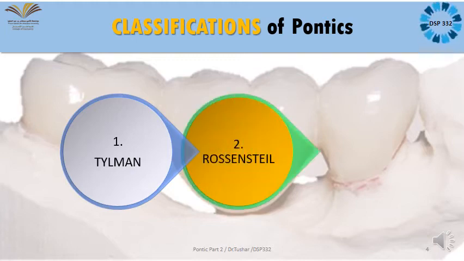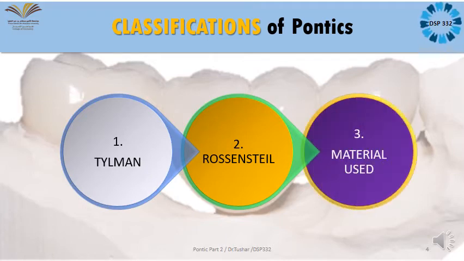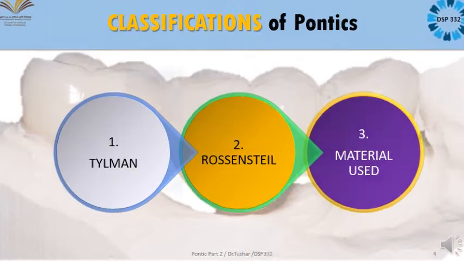Then Rosenstiel also proposed his classification, so we will study his classification as well. Along with these two, there is one more classification which is based on the material used to fabricate the pontic. So basically, in today's lecture, we are going to see three classifications for pontic. One is given by Tillman, second is given by Rosenstiel, and the third one is according to the material used to fabricate the pontic.